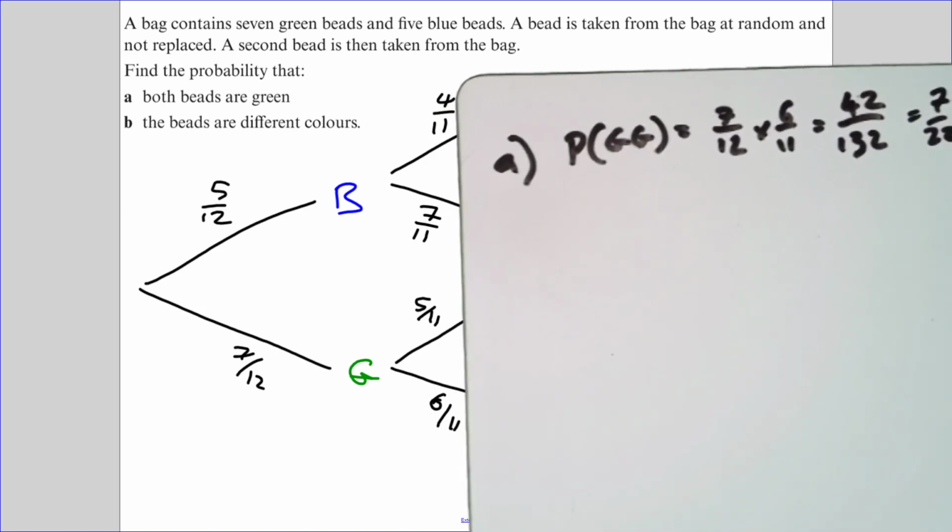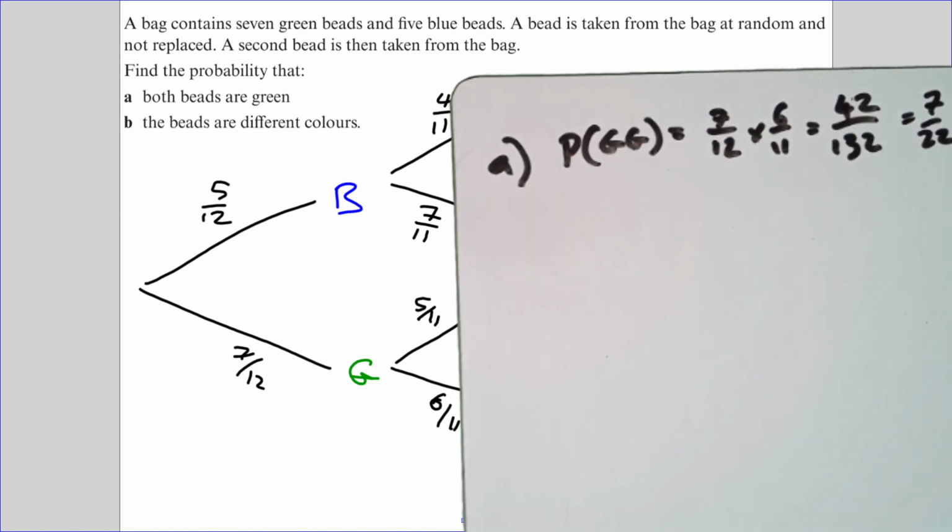So for this one, we looked down our green green column and multiplied the two numbers together.